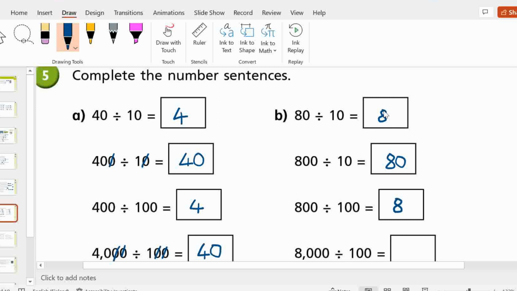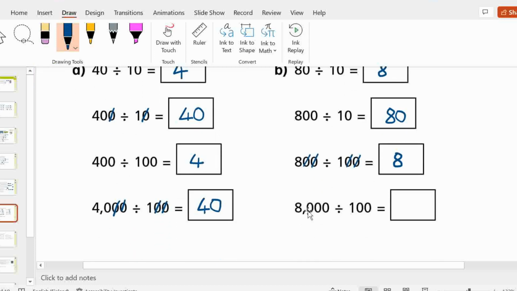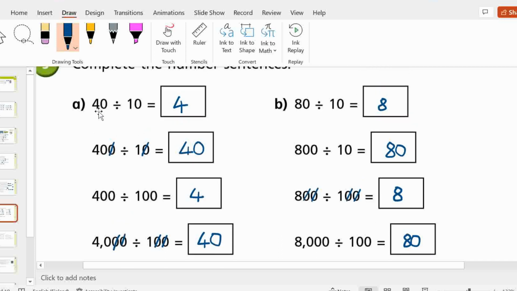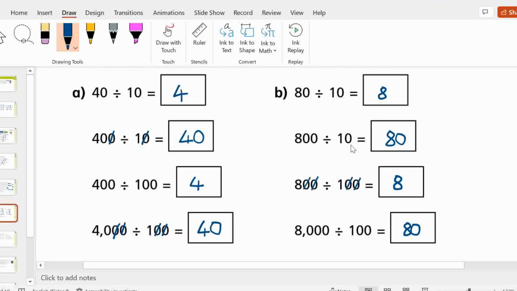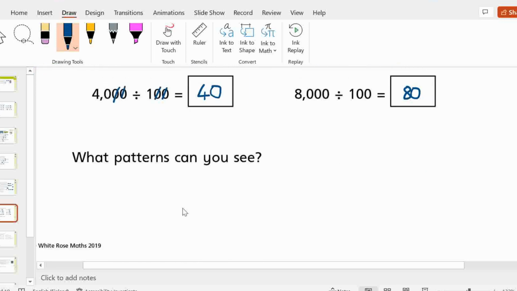It's just 8, yeah? Because you've got 2 zeros here, so you need to take 2 there. Okay. 8,000 divided by 100? 80. Yeah. It says, what pattern can you see? I suppose you could say when the numbers this side both have 0, there's no 0 here. Maybe that's a pattern. Yeah. So there are different patterns. You can just describe what you see.